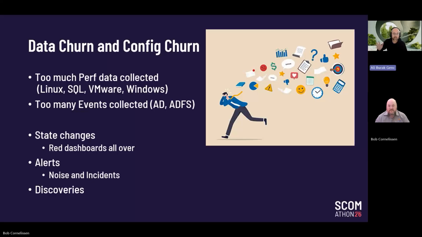We mentioned here three other types of data in SCOM, which we define as config churn. They affect the backend of the SCOM and often also affect you. For example, by generating alerts, which might also be forwarded to ticketing systems and emails, but also dashboards changing colors to red, urging you to take actions. State changes, if they occur for no good reason, cause SCOM to have to calculate a lot and slow down.